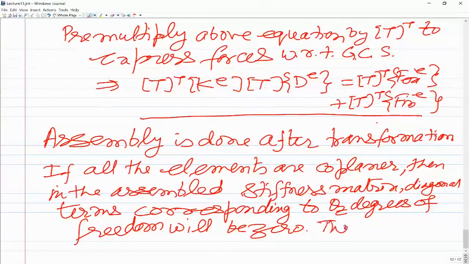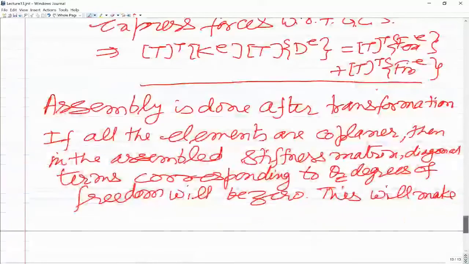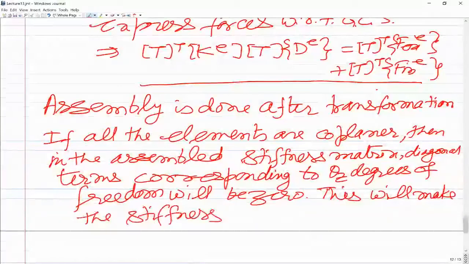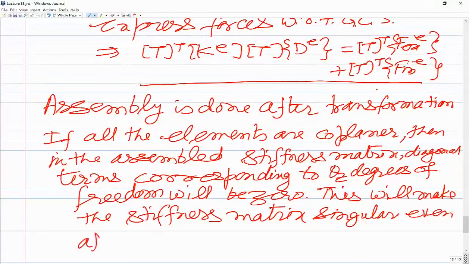and this will make the stiffness matrix singular even after imposing the boundary conditions.